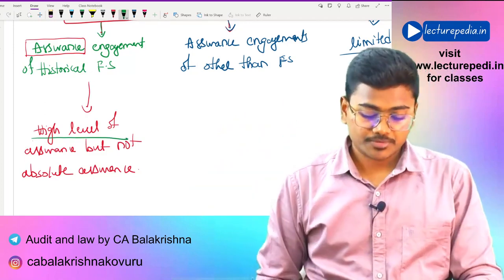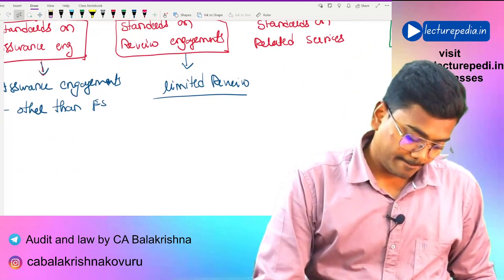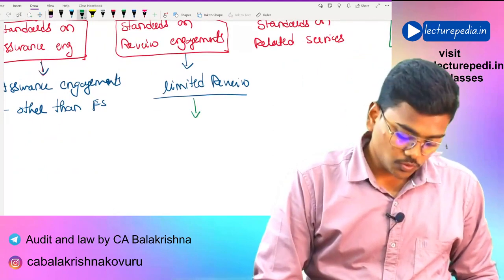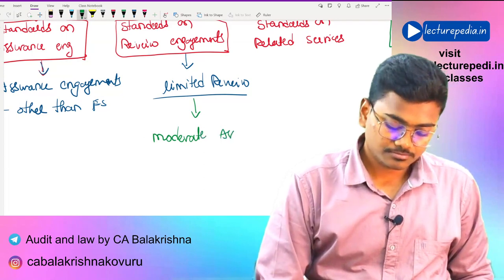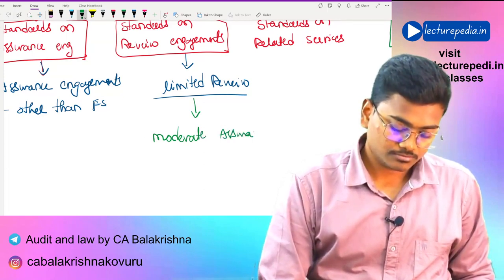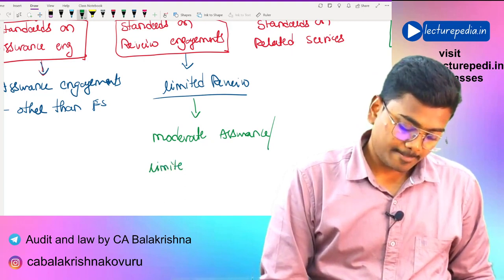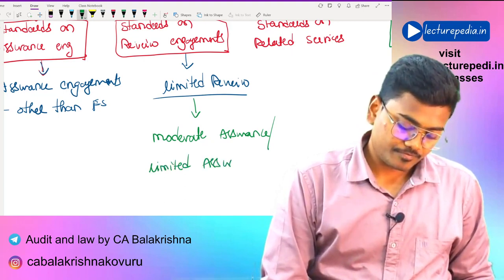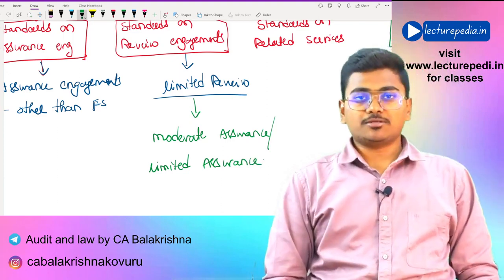This is audit. And in the case of limited review, the auditor will give moderate assurance, or you can call it limited assurance. What is this moderate or limited assurance?